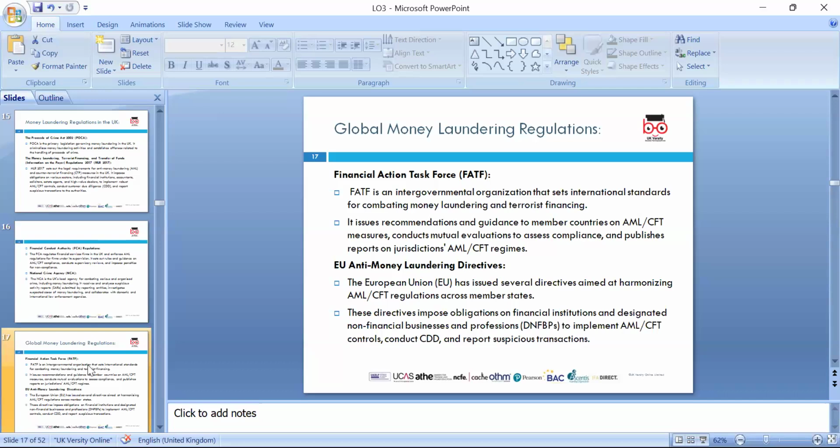We have the EU anti-money laundering directive, which we can follow within the EU harmonized system. We have to look at non-financial businesses and professions, designed to protect the organization and its credibility. We have CFT controls, conduct, and reporting suspicious transactions.